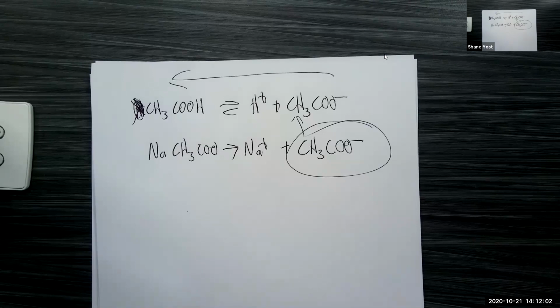Nothing happens to the sodium ion. Sodium is what's considered a spectator ion in the solution. As we talked about, sodium, potassium, lithium, chloride, bromide, iodide, nitrate, a lot of these very common cations and anions that are the conjugate acids and conjugate bases of strong acids and strong bases are spectator ions in solution.